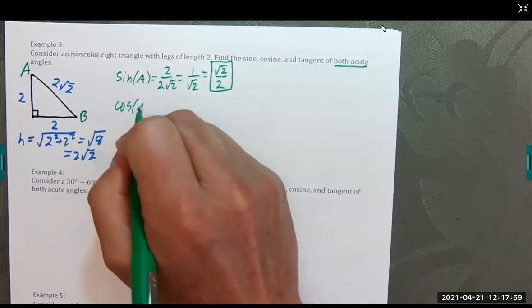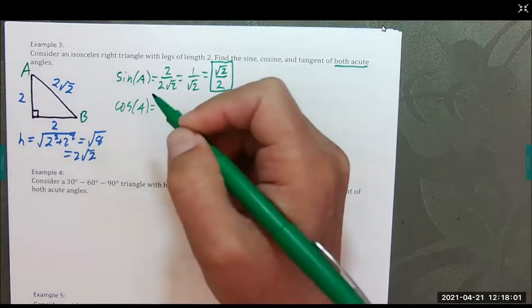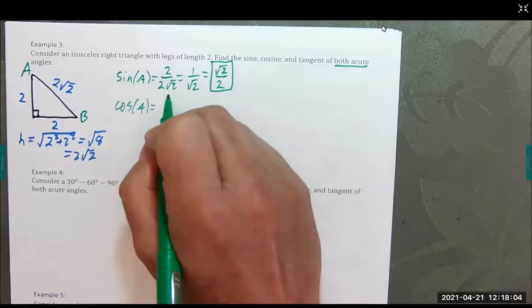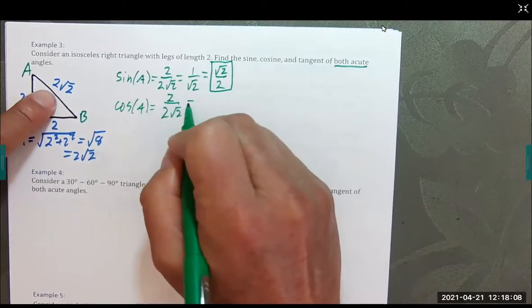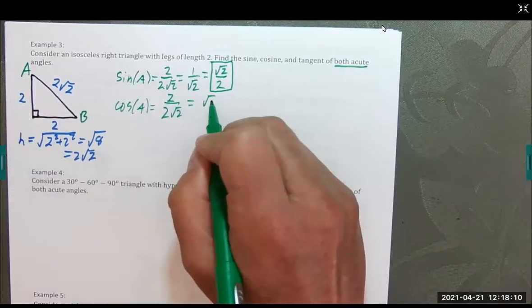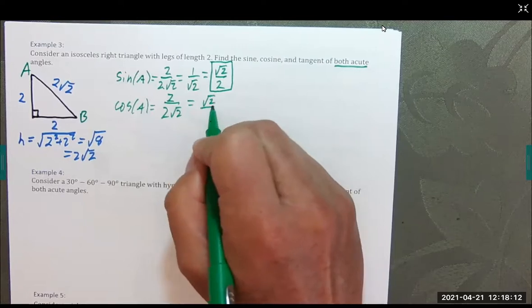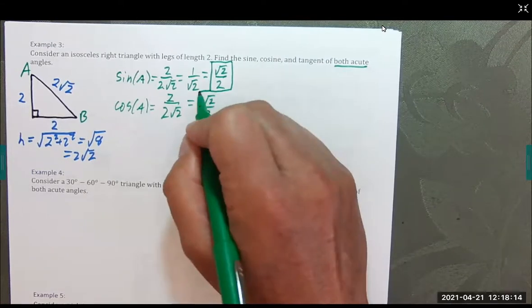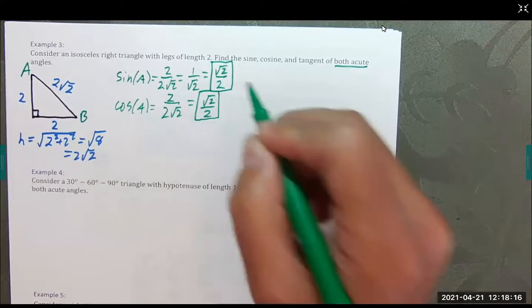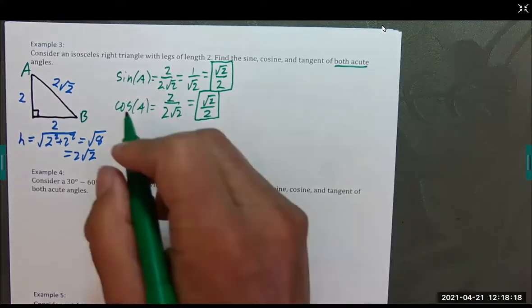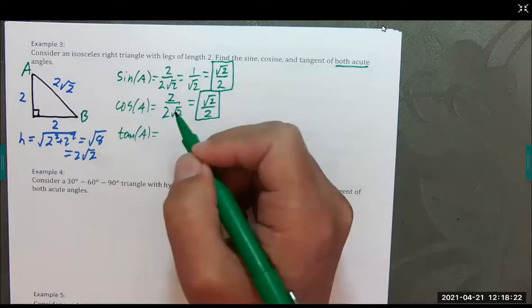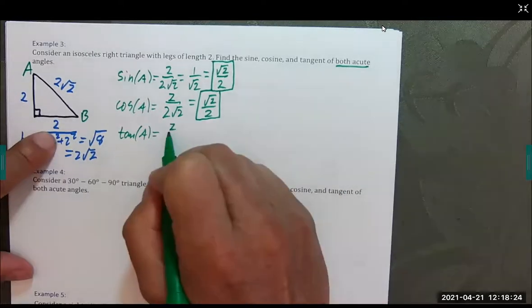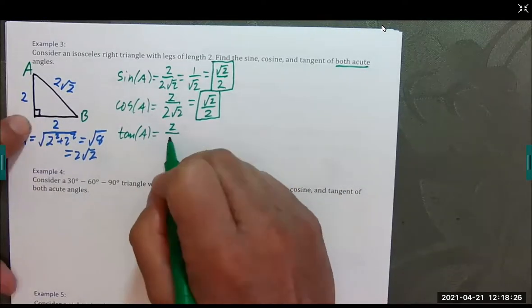Cosine of angle A, that's the adjacent 2 over the hypotenuse, 2 root 2, which you can see is going to be the same as the sine, which isn't surprising since we know that's a 45, 45, 90. And the tangent of A is the opposite 2 over the adjacent 2, or in this case, a 1.